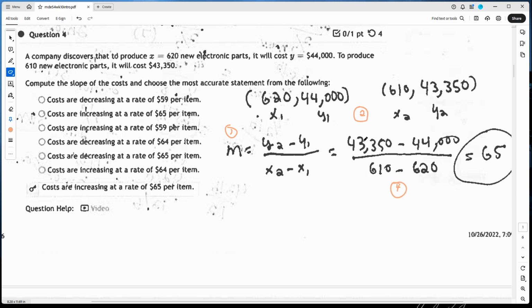When you plug in, you end up with a positive slope of 65. And since it's positive, it's increasing. And you can say costs are increasing at a rate of $65 per item. That was number 4.